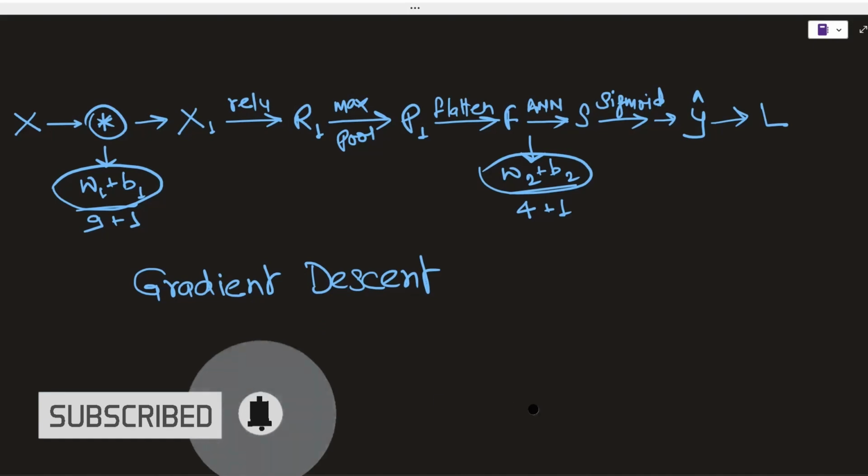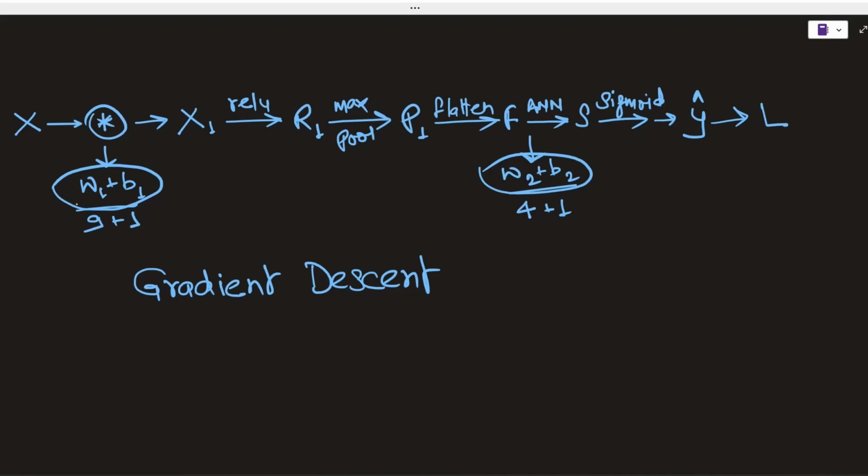So what does the formula say? Let's say we want to update the value for this parameter W1. Okay, so the new value for this weight will be equal to the old value of W1 minus a small learning rate multiplied by DL by DW old. Now what does this mean?